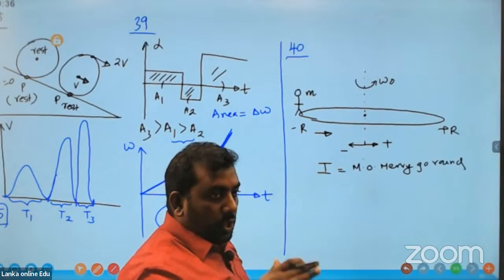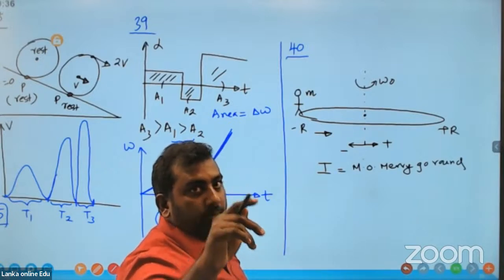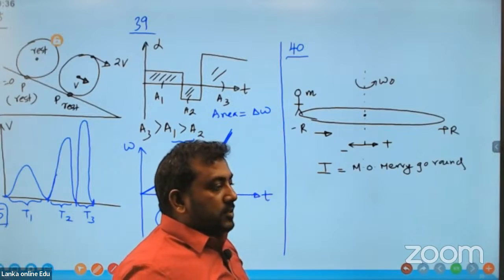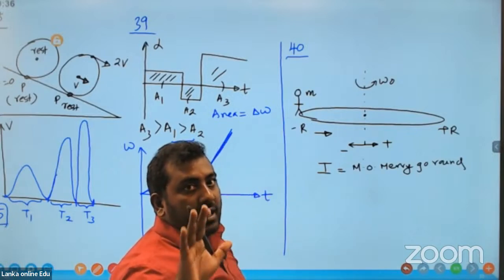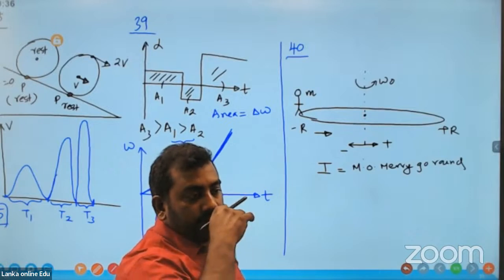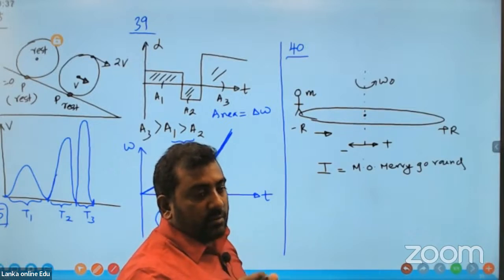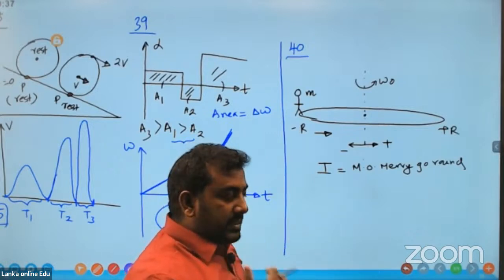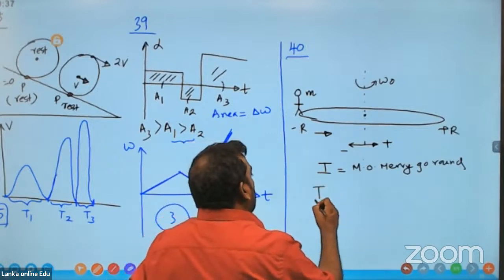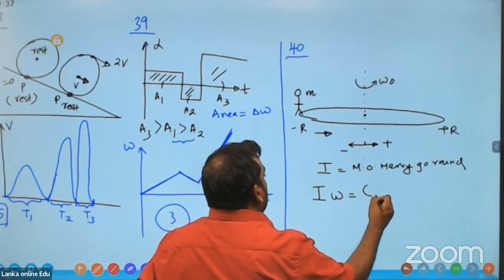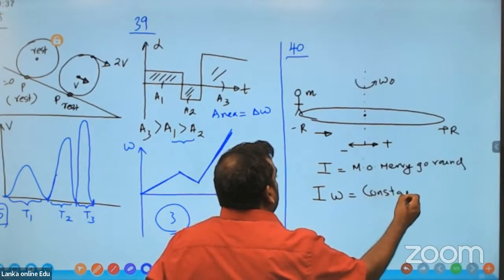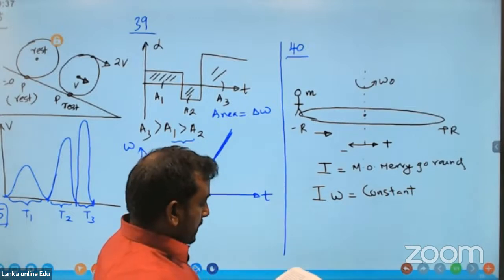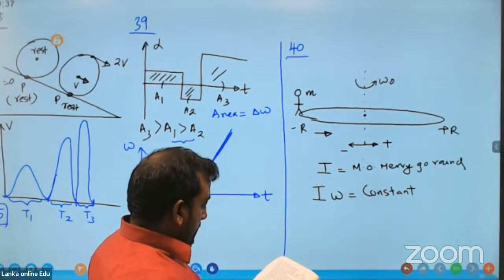If there is no torque along the axis of rotation, you can apply the law of conservation of angular momentum, which makes this much easier. I omega is going to be a constant.